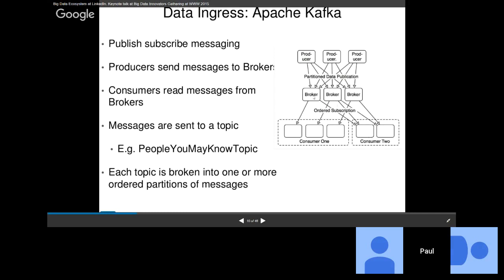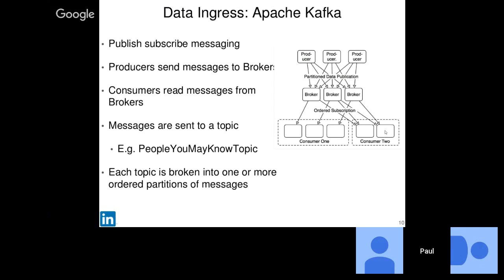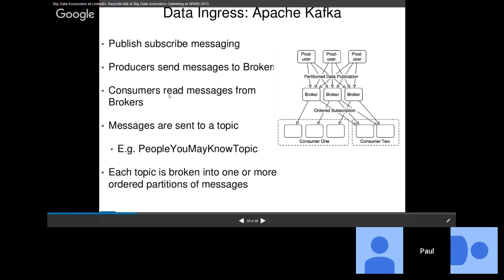So this idea of 1 broker to 1 consumer is not a restriction. It's more of a capacity issue. If there's a lot of traffic, I might need 1-to-1. If there isn't a lot of traffic, it's okay to have a couple brokers associated to 1 consumer. So the multiplicity is flexible. Right, so that's the point of consumers reading messages from brokers.